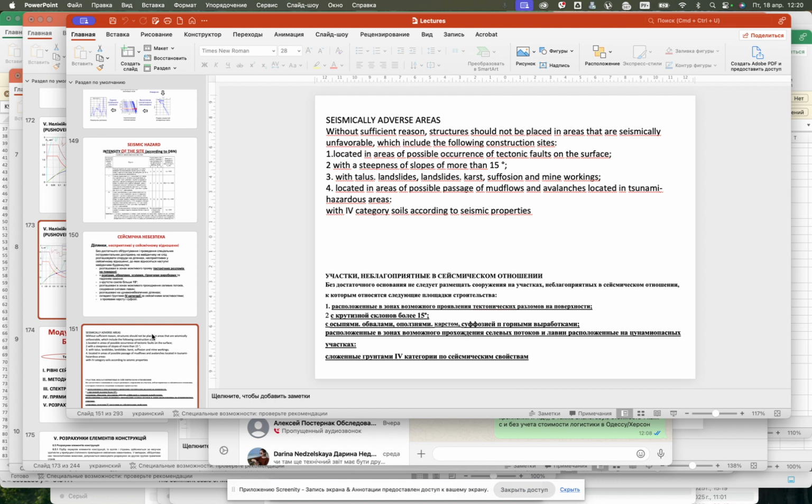But all the seashore territories are under the hazard of a potential attack of tsunamis with a height of around 5 meters. But we don't have any building code in Ukraine according to which we have to take into account the impact of tsunamis.